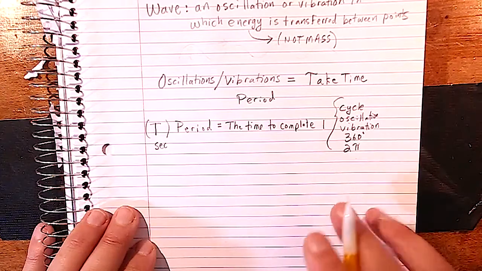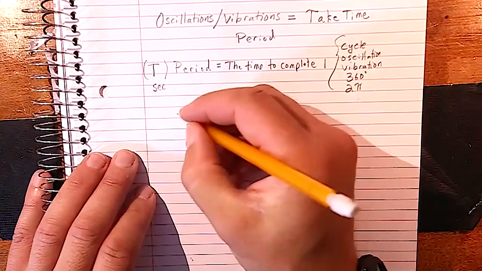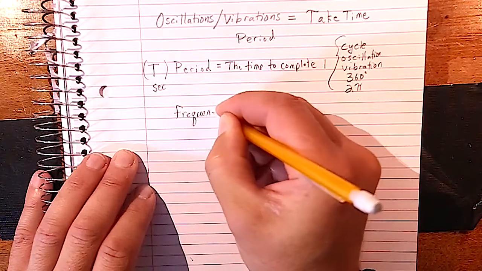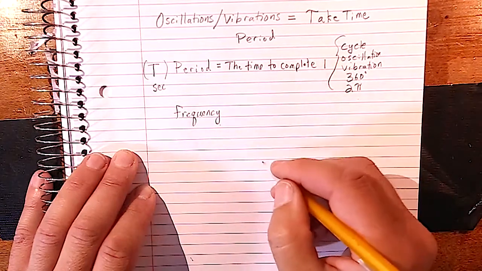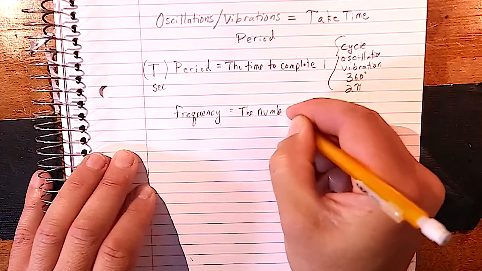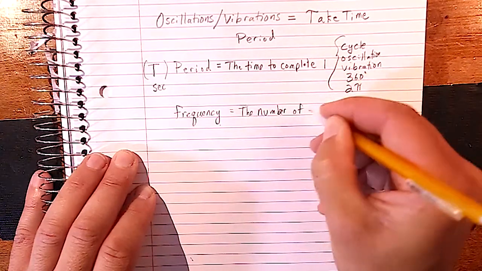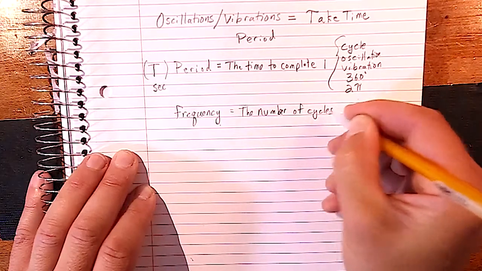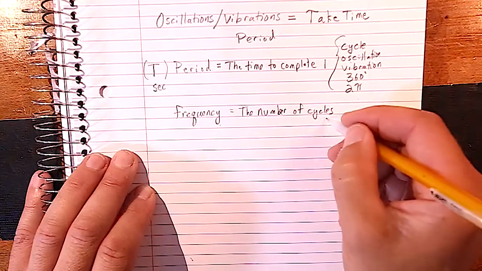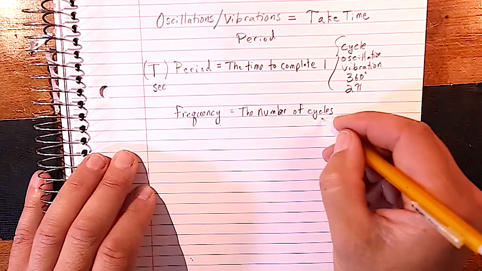Now, frequency is related to this, and frequency is defined as the number of cycles completed in 1 second. Now we say cycles, but it could also be oscillations, vibrations, 360 degrees, or 2 pi.